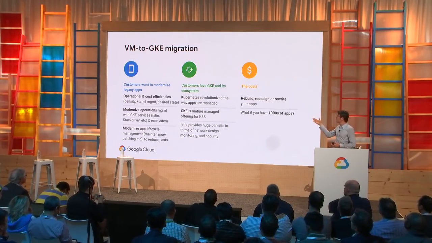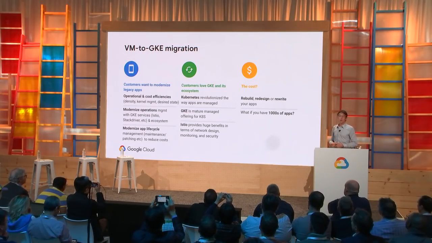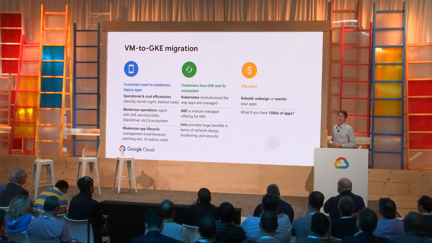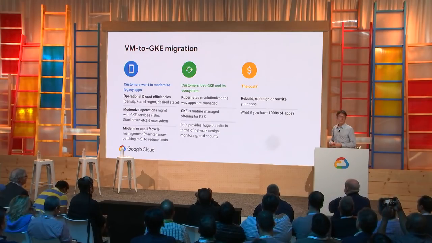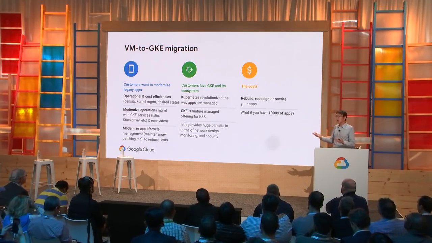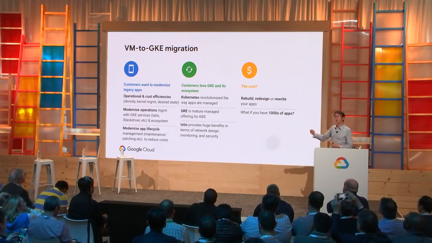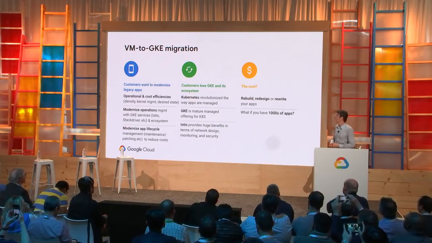And another point here is, well, why do we do this? A big reason why this comes back is customers love GKE. GKE is today a leading container managed service that a lot of our customers just want to be on because of all the other benefits we have once you are on GKE.